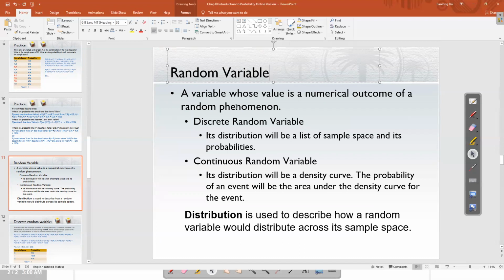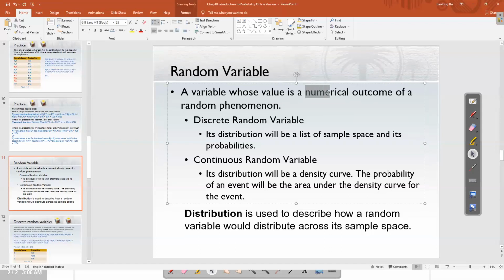So a random variable will always have a distribution. The distribution will tell you exactly how likely the variable will take on each of the possible outcomes in the sample space, right? So that's what a distribution is. Since it's a numerical variable, and we learned in chapter 1, a numerical variable has 2 different subsets. One is discrete, the other is continuous, right?